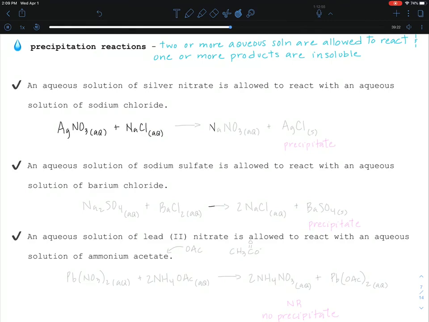So without exception, those are all soluble. Now, when this is allowed to react, I'm going to use my solubility rules to predict what is going to be in solution, right, on the product side, and what is going to precipitate. In other words, what solid is going to crash out of solution.